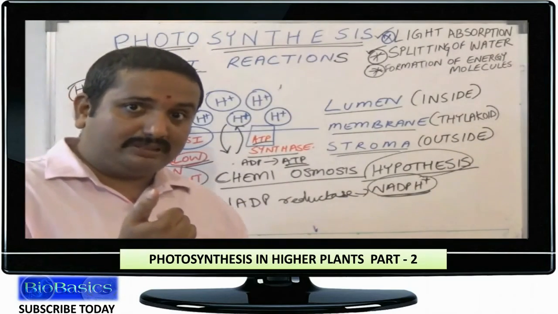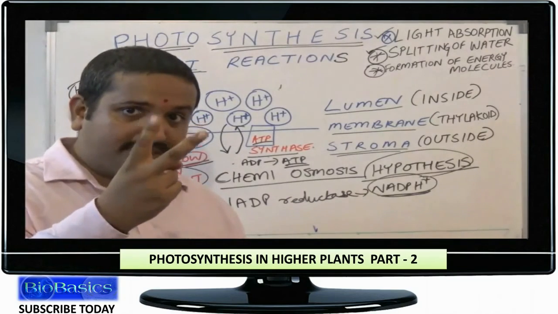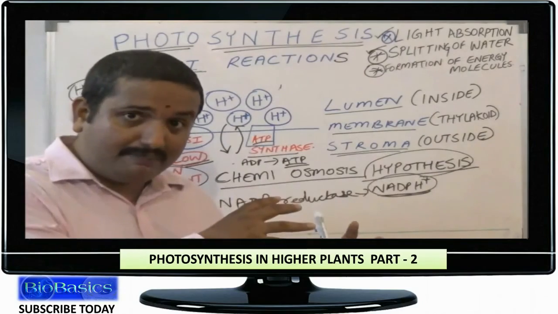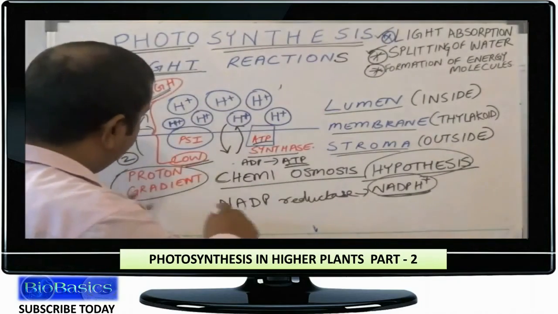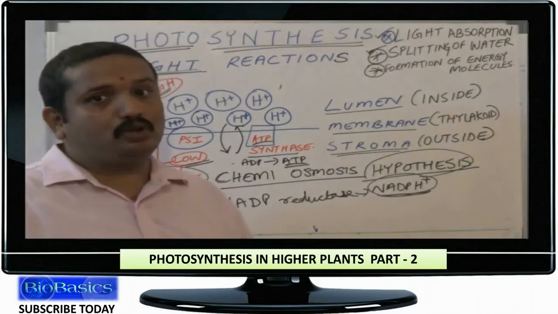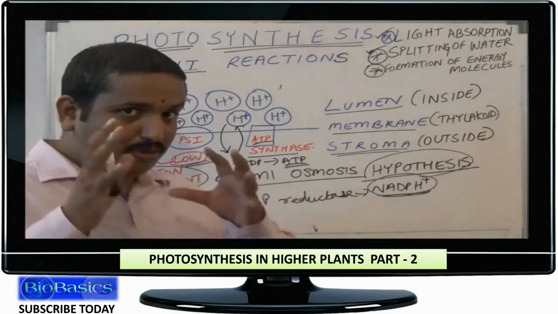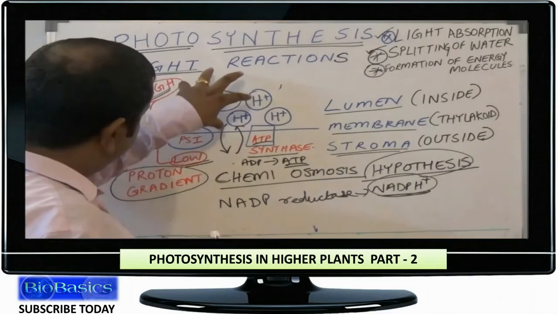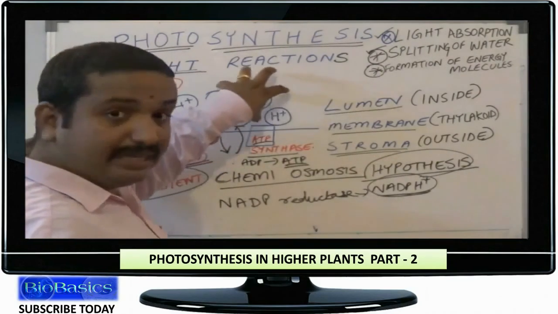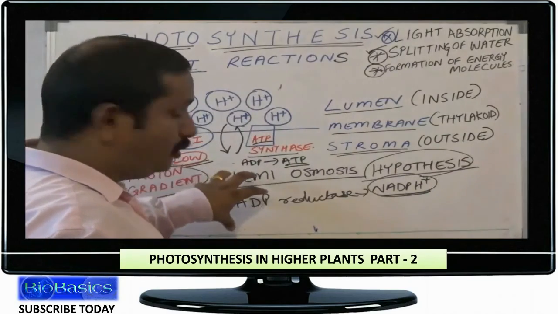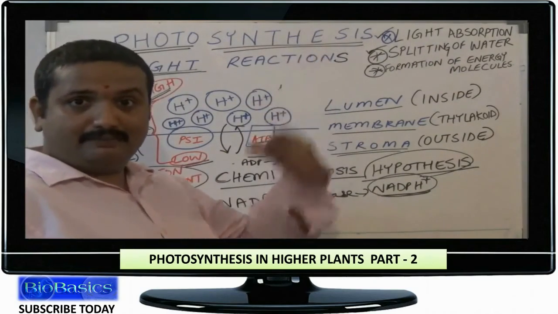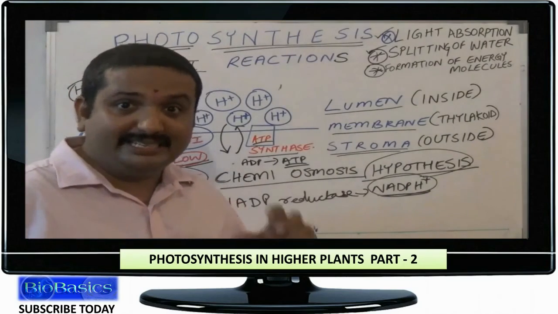Phosphorylation is the name of the process. There are two types of phosphorylation, cyclic and non-cyclic. And for the formation of ATP, you can mention all these steps, especially how the proton gradient is formed. You now understand that there is an accumulation of protons, so they move from a region of higher concentration to a region of lower concentration, and are pumped back by the activity of the enzymes.